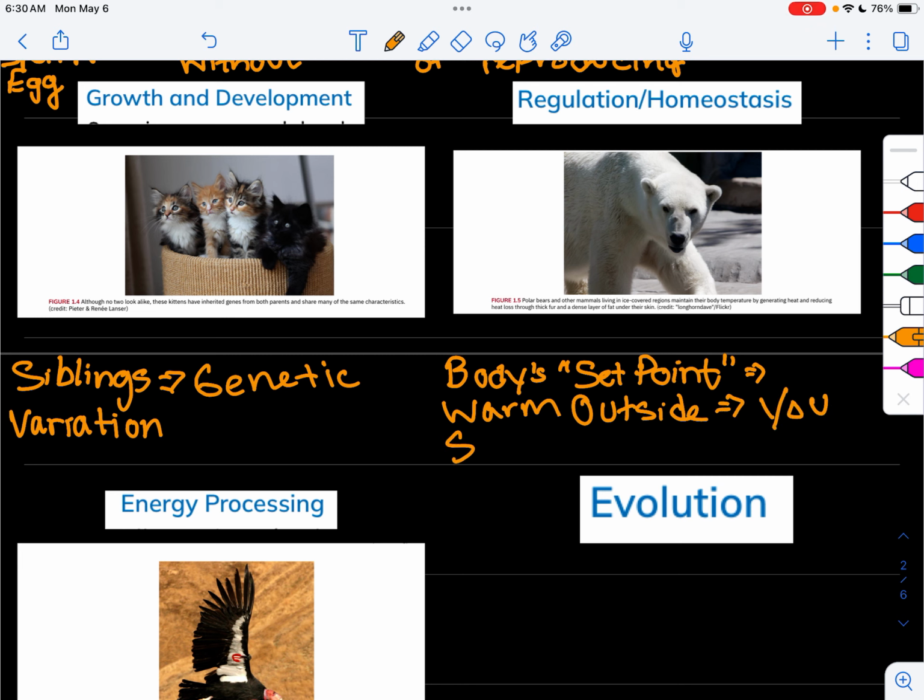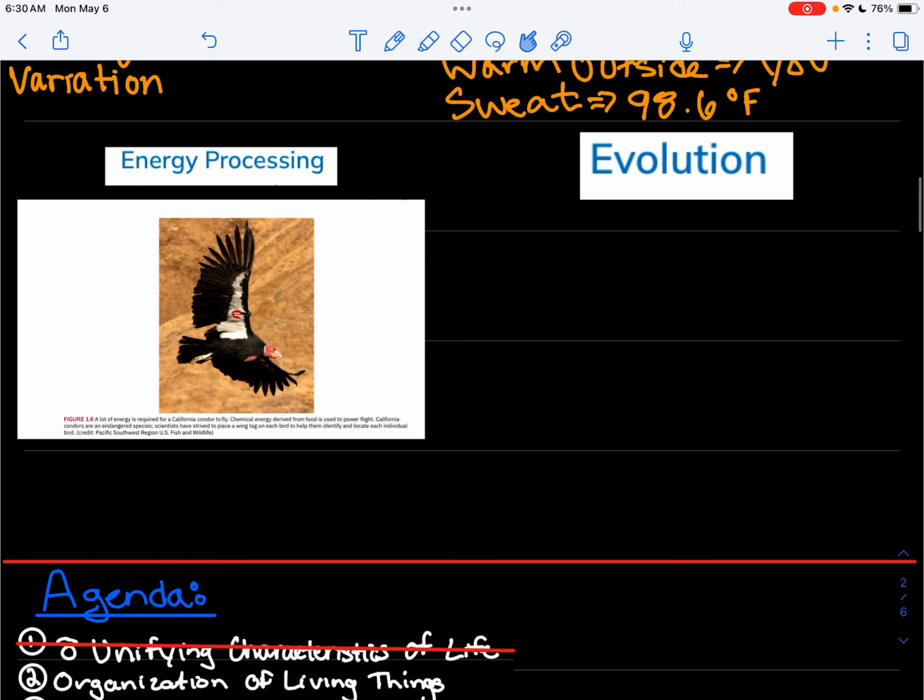This is an example of homeostasis. Our body doing things to make sure we stay at our set point. What's our internal set point of temperature? It is 98.6 degrees Fahrenheit on average. That is regulation/homeostasis. The seventh one here, energy processing.